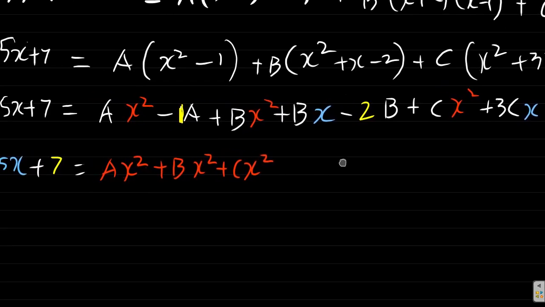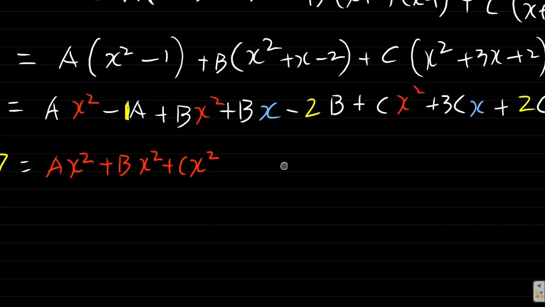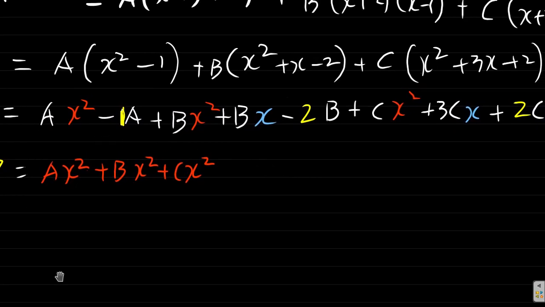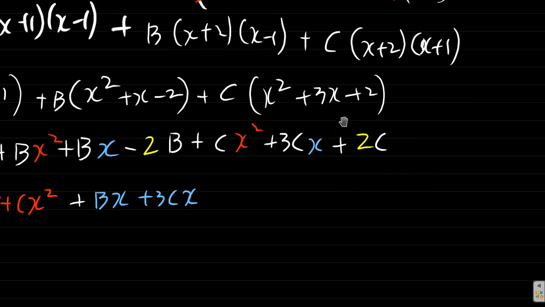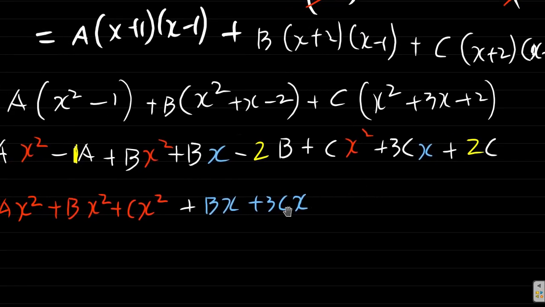We can see what's going on. Then after this we have plus x's now. I want x's in blue. We have bx plus 3cx. Why did this thing jump all the way up there? No other x? Alright, no problem.